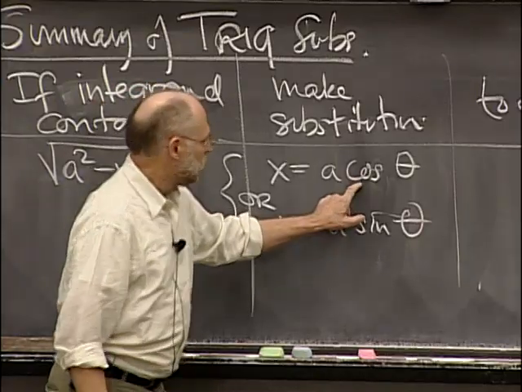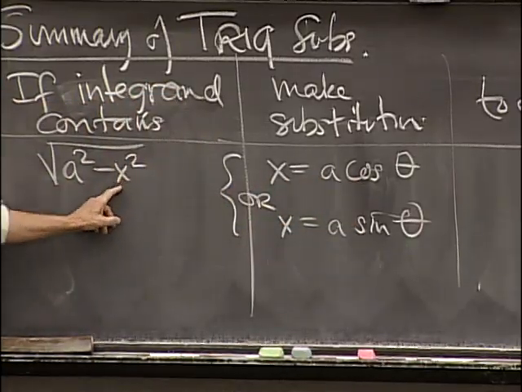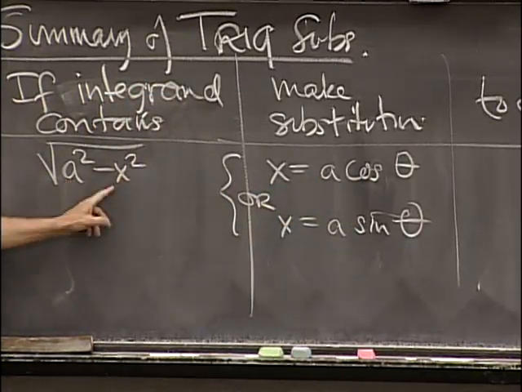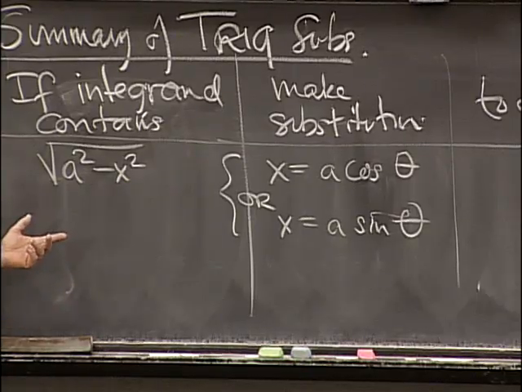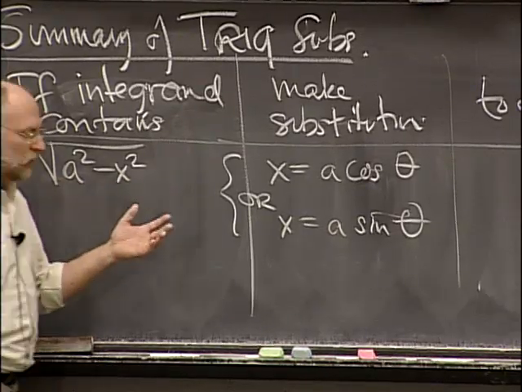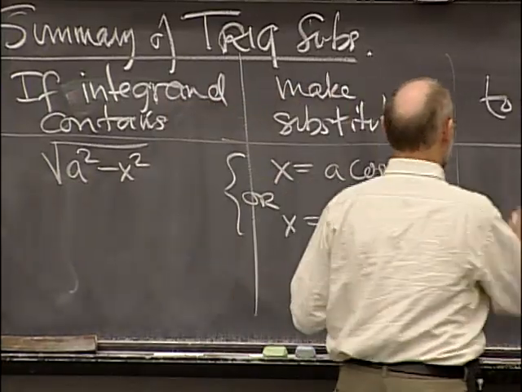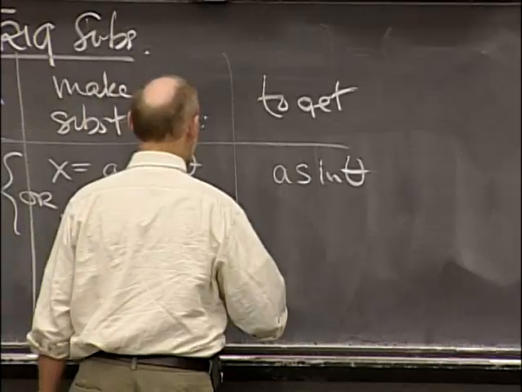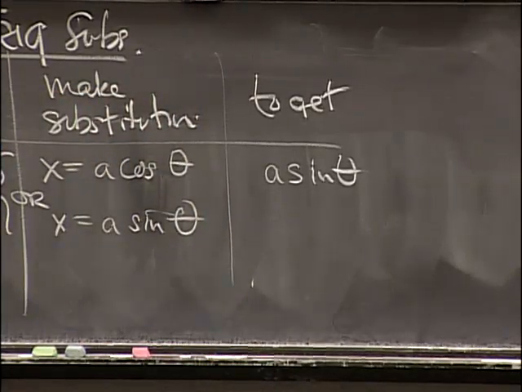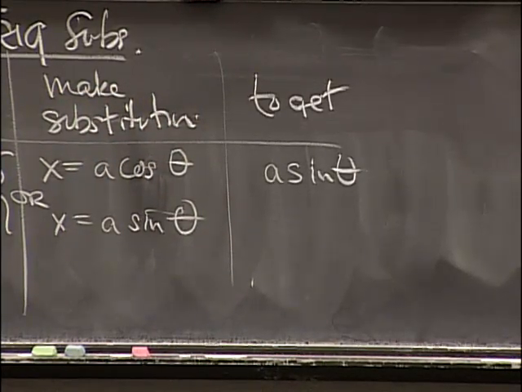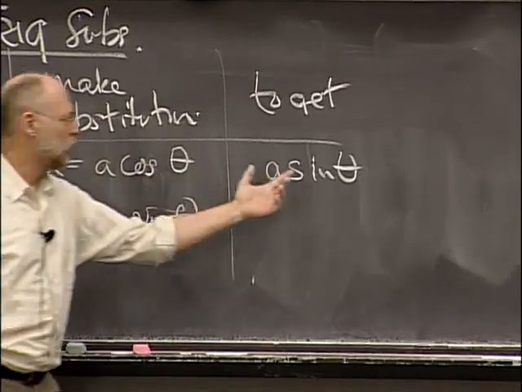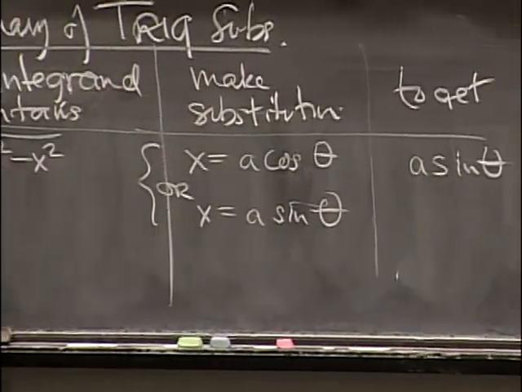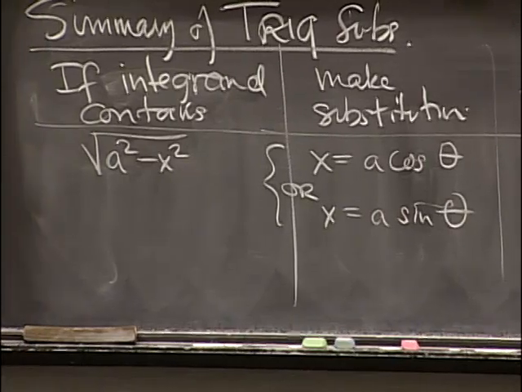And when you make this substitution, x is equal to a times the cosine of theta, you get a squared minus a squared cosine squared theta. 1 minus cosine squared is the sine squared, and so you get a times the sine of theta. So this expression becomes equal to this expression under that substitution.